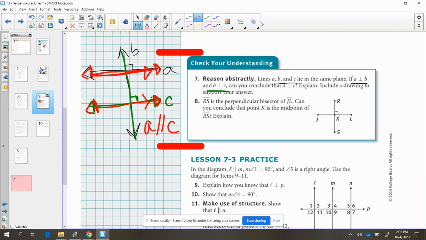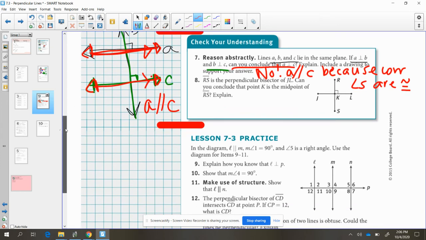They're both right angles. So can we conclude that A is perpendicular to C? No. A is parallel to C because the corresponding angles are congruent. Okay? So these guys are parallel, not perpendicular, A and C.